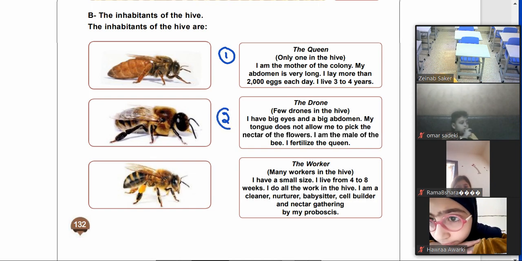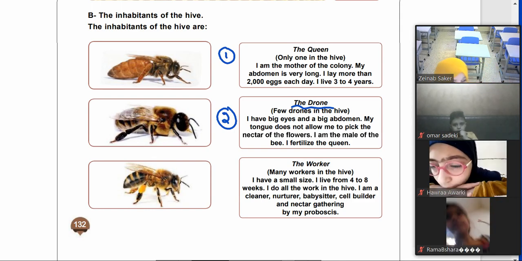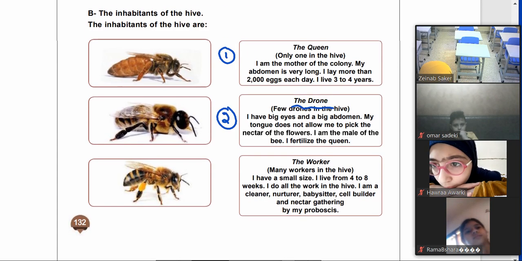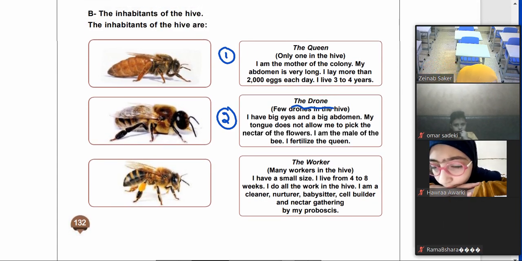Now, the next kind is called the drones. The drones are few, a small number. The drones are the male part. Look at its properties. The drone has big eyes and also a big abdomen.